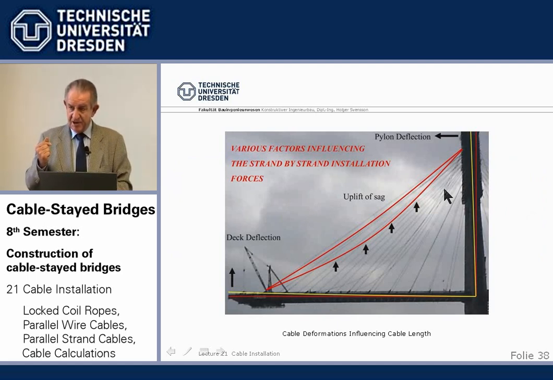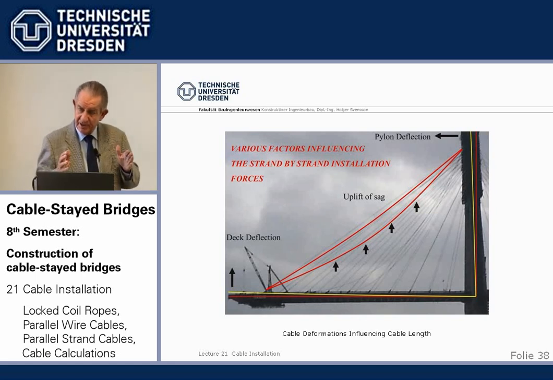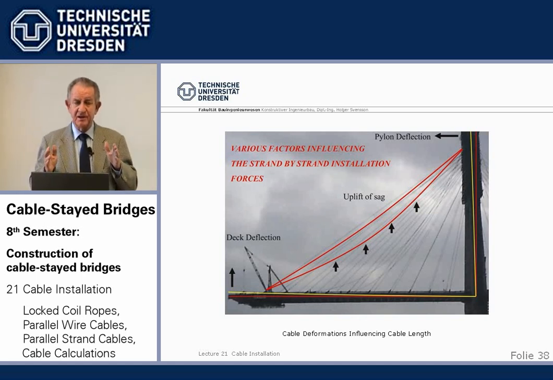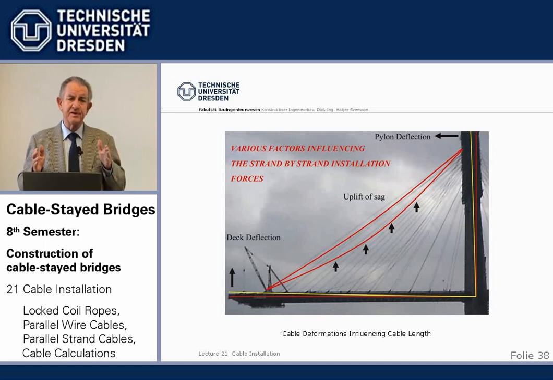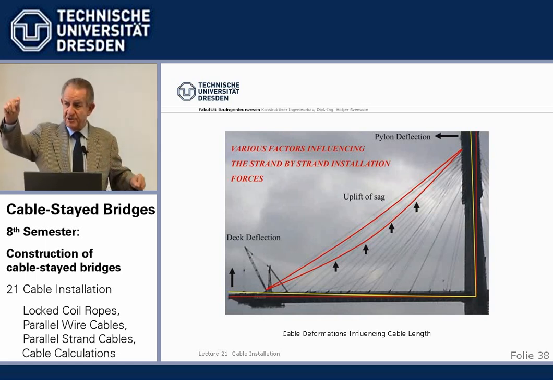Now, there are various factors influencing the length of the cable. We have to distinguish two basically different methods of cable installation. The one is with completely shop fabricated cables. There we can install by geometry.